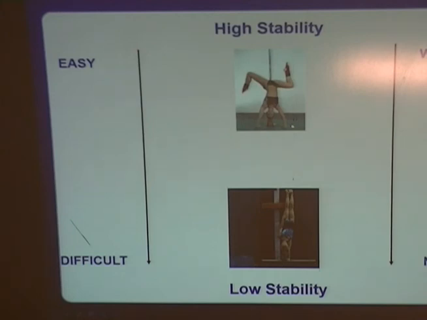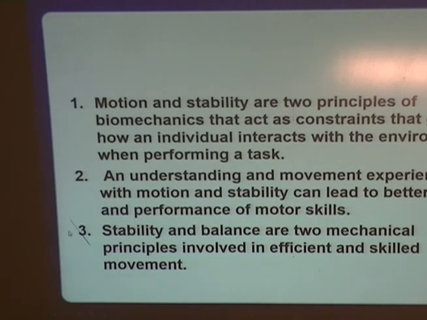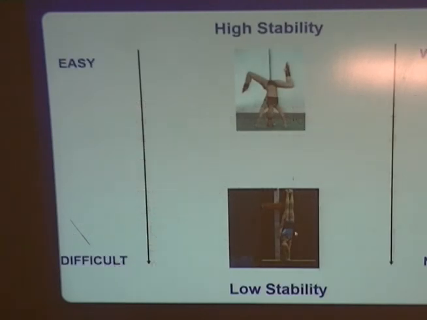Look at the size of the base of support here. And she is long and tall and narrow. That moves her center of gravity as far away from her support as possible. So this is an extremely unstable, much more difficult version of a handstand.